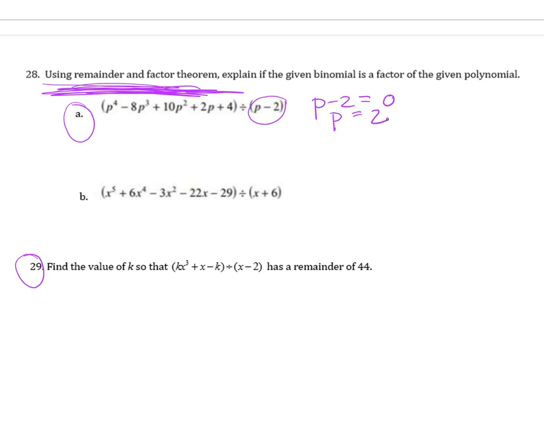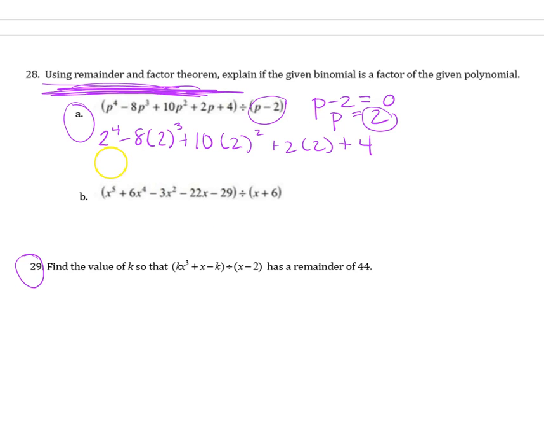I'm going to plug 2 in everywhere I see p in the polynomial. So I've got 2 to the 4th minus 8 times 2 cubed plus 10 times 2 squared plus 2 times 2 plus 4. And I want to find out what that simplifies to.